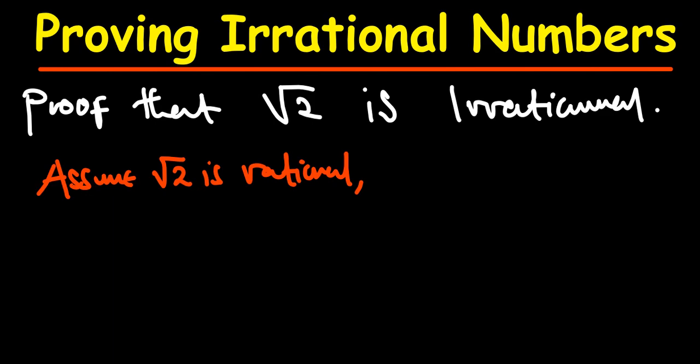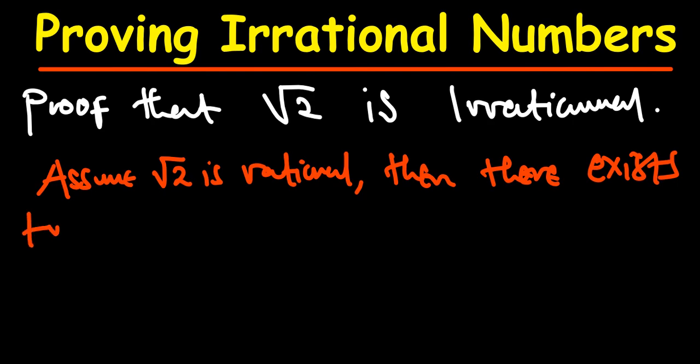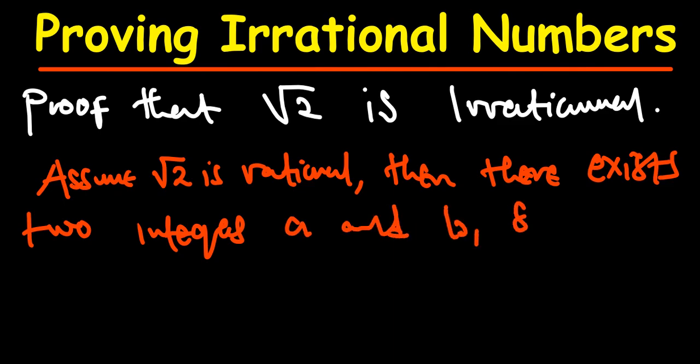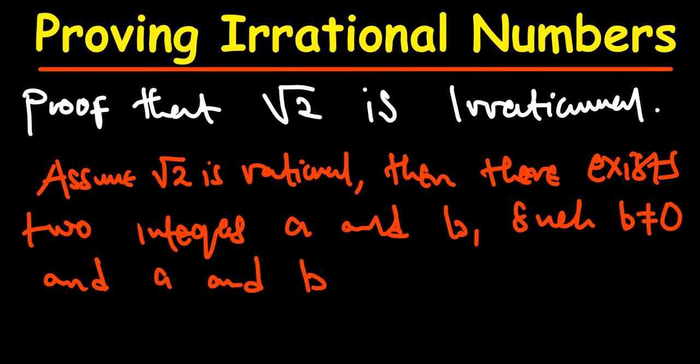So we are going to say, if this root of 2 is rational, then there exist two integers a and b, such that b is not equal to 0, and a and b are in their lowest terms.